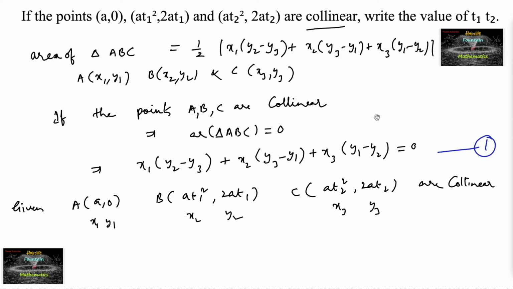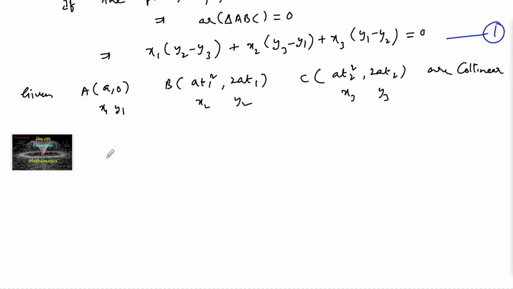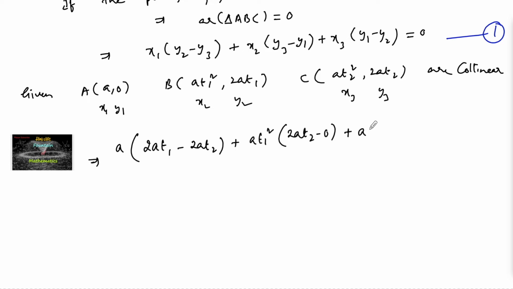So we can write a times (y2 minus y3), that is 2at1 minus 2at2, plus x2, that is at1 square, times (y3 minus y1), that is 2at2 minus 0, plus x3, that is at2 square, times (y1 minus y2), that is 0 minus 2at1, which equals 0.